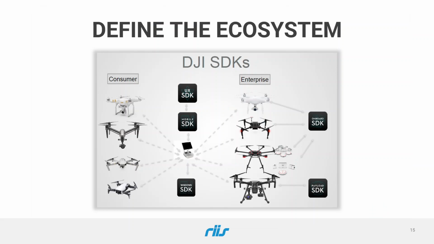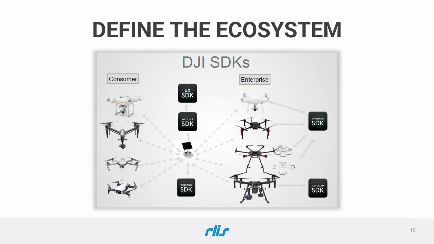The Payload SDK really made me very excited, because it used to be really hard to get any information about it. If you wanted to create your own payload, which could be anything, we're doing one at the moment just for a simple LED light to turn on and off from your mobile app. So we'll have a mobile app that flies a drone, and we'll also be able to turn a light on and off.